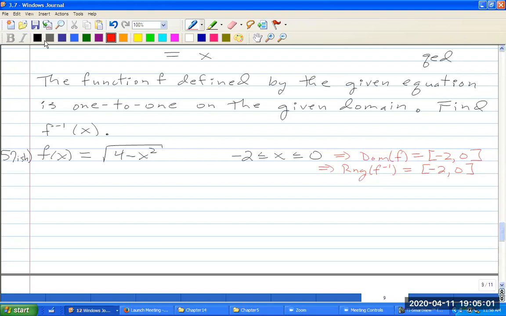Okay, so let's replace f of x by y. Interchange x and y.